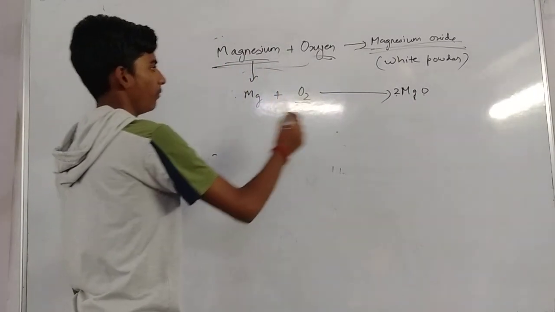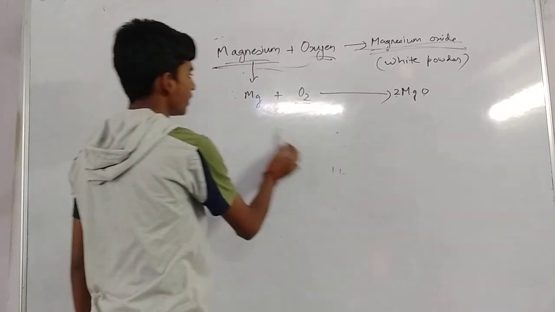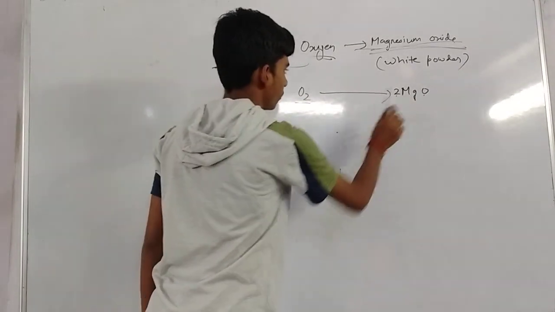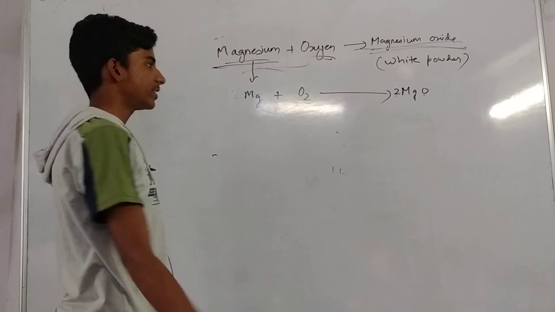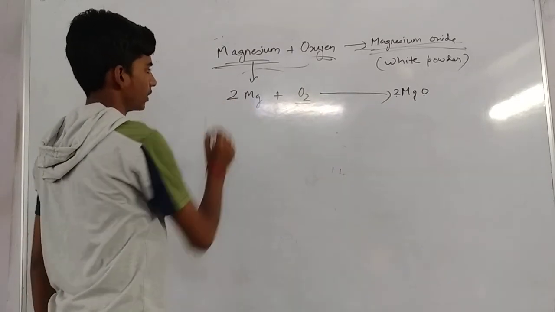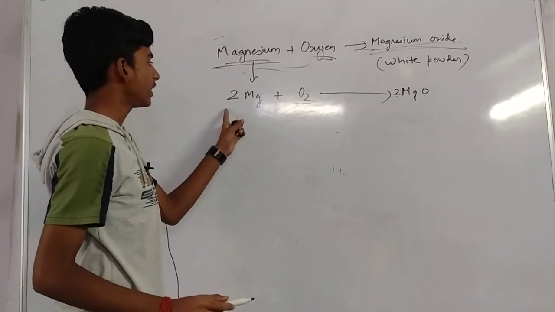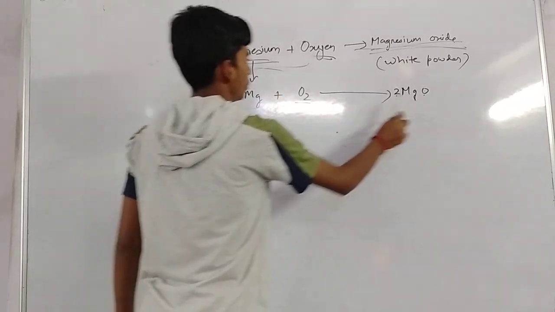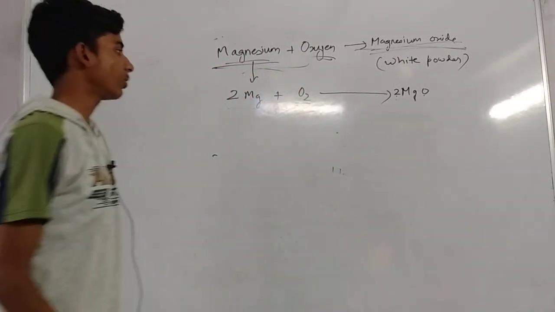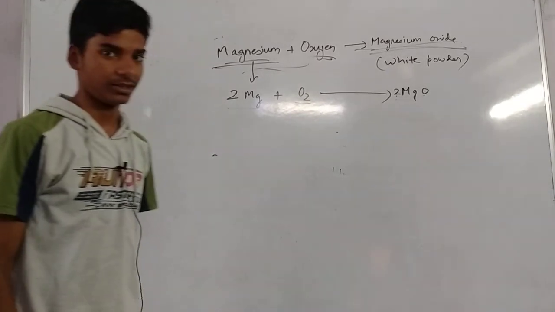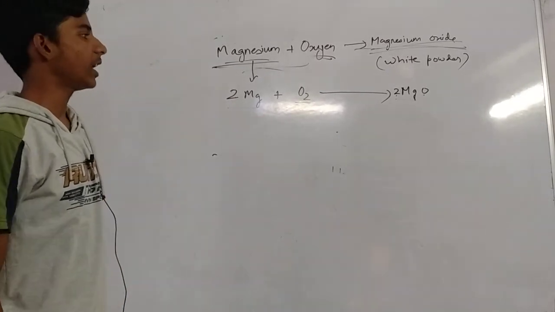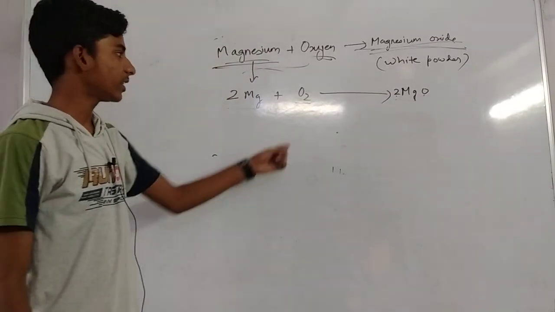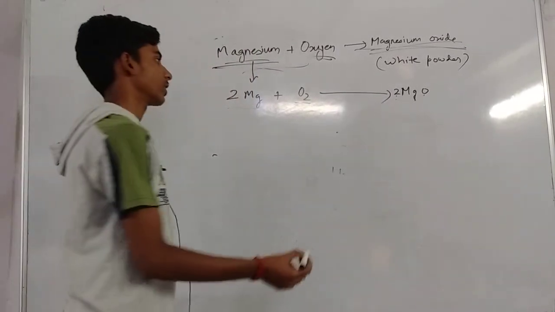But when we put 2 here, Mg gets unbalanced. Here is 1 Mg and here is 2 Mg. So to balance it, we will put another 2 here. Now we can see 2 Mg, 2 Mg, 2 O, O2. So this equation, where the number of atoms on the left hand side is equal to the number of atoms on the right hand side, is a balanced equation.